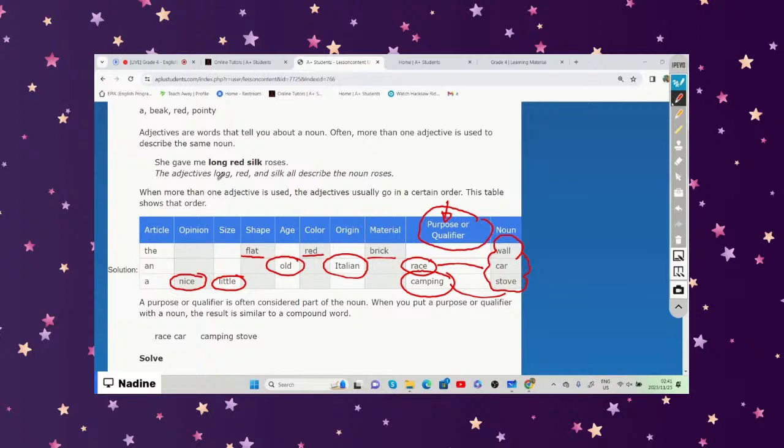So it's as if we are saying that it doesn't necessarily have to be an adjective, because that can basically be a compound noun, a compound word. So we basically just describe the car as old and Italian. Because race car, it's like we're describing the race car as old Italian.